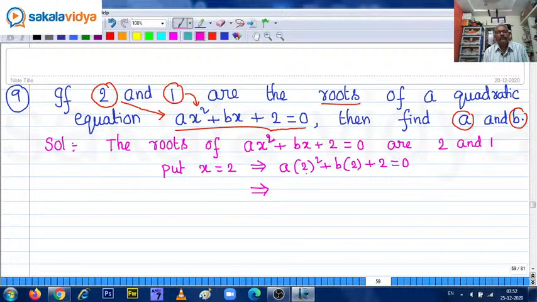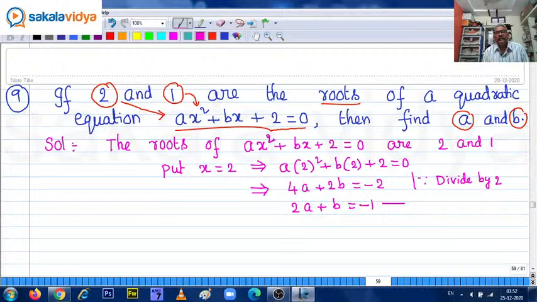So we get 2 square is 4, 4a plus 2b equals to minus 2. Divide throughout by 2. So we get 2a plus b equals to minus 1. We get a linear equation in two variables, that is in a comma b.